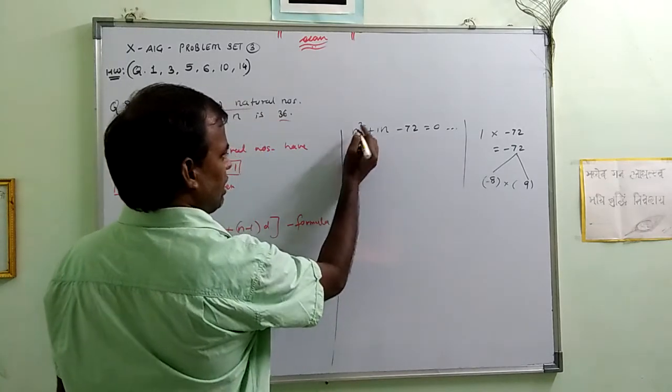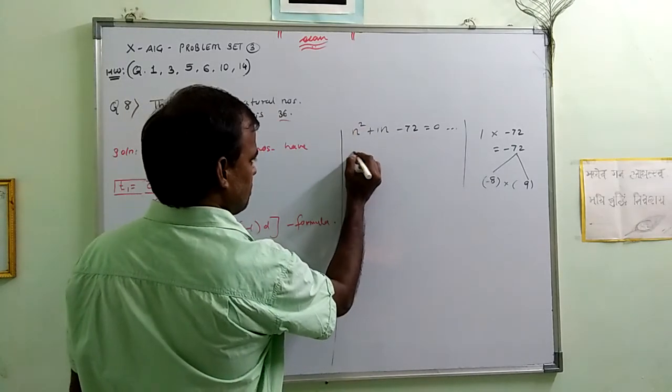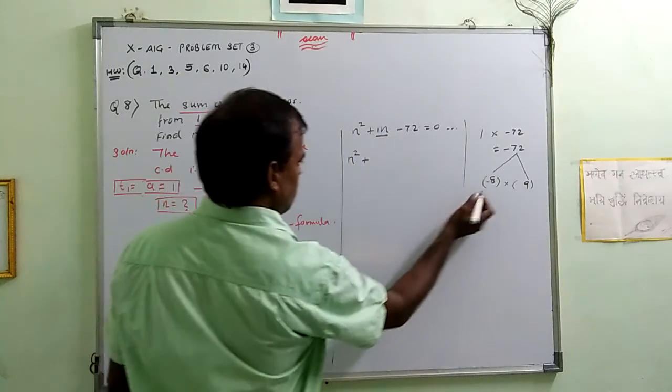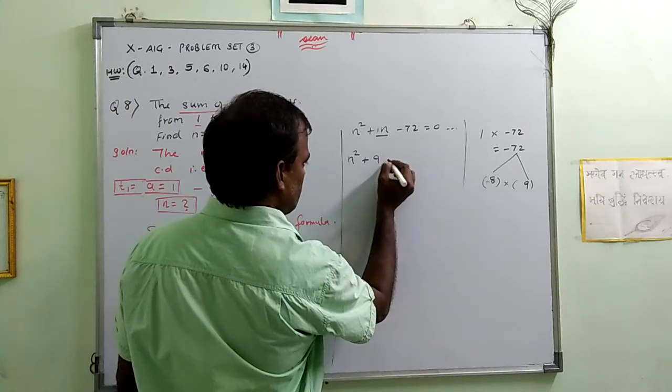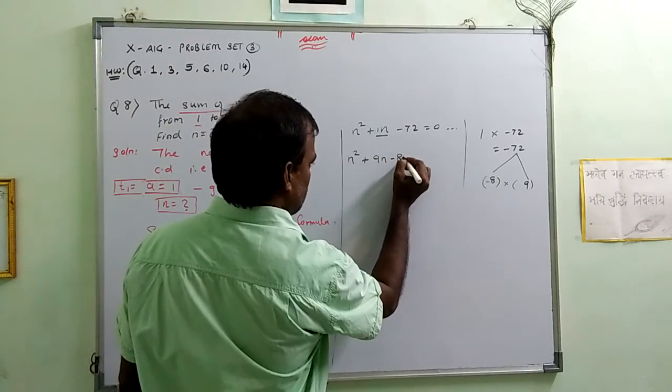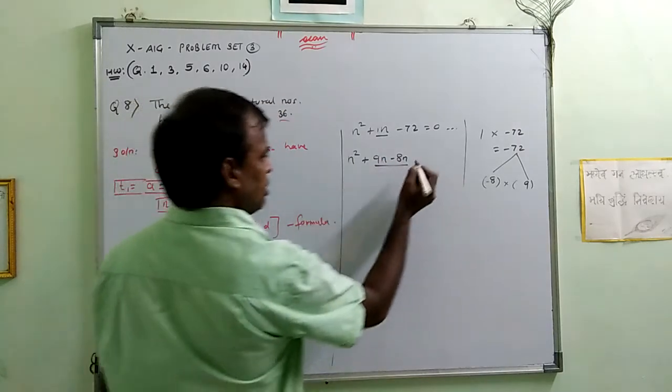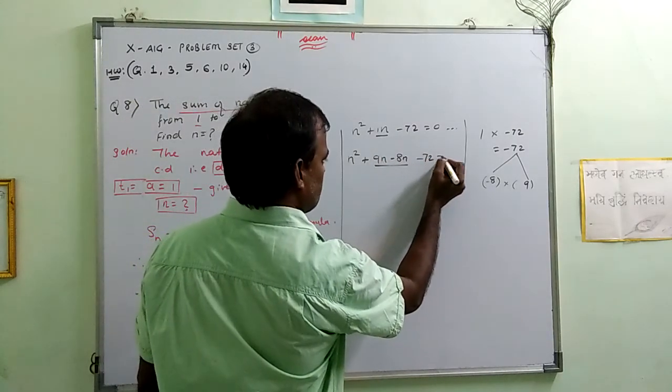So in place of n square, it will be the same. In place of this, I'll write this part. So 9n minus 8n gives me 1n. Remember, then this comes the same, equals 0.